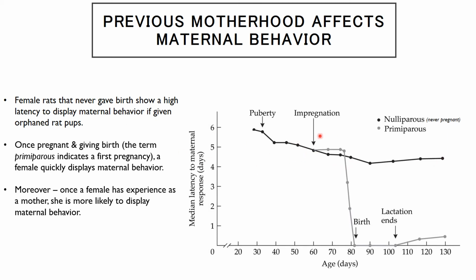So it looks like the priming of having been a mother makes the likelihood of showing maternal behavior very, very high compared to rats who have never raised pups on their own or given birth.